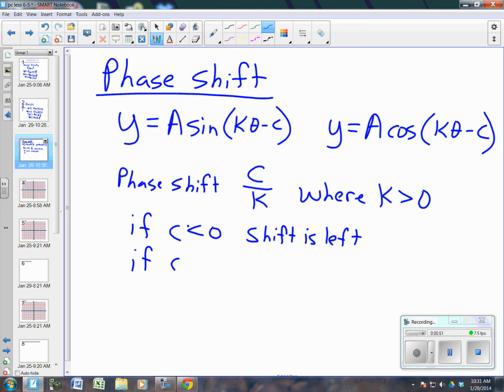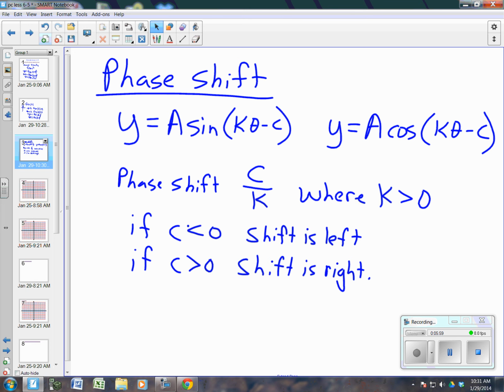If c is greater than 0, then the shift is right. Now, just a second ago, we talked about this thing going in the opposite direction of the sign. But notice right here in these two things, this is a minus sign, right?